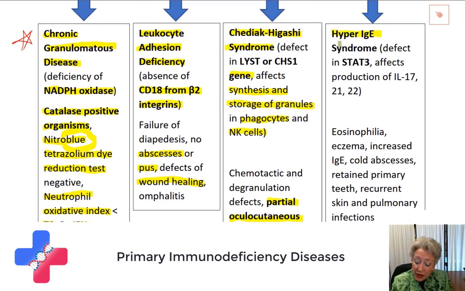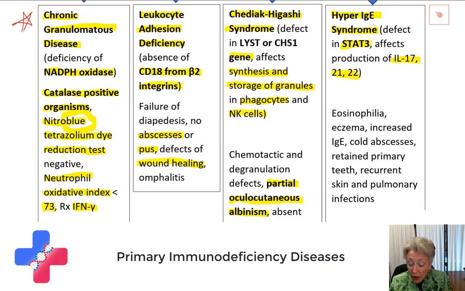Hyper IgE syndrome is a defect in one of your signal transduction molecules that is important, if you recall, in the production of several inflammatory cytokines: interleukin 17, 21, and 22.